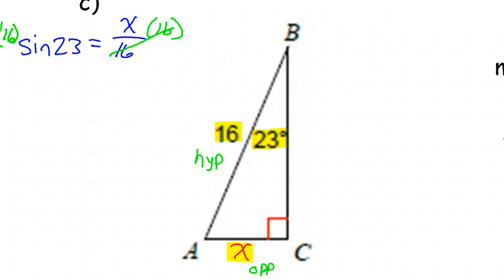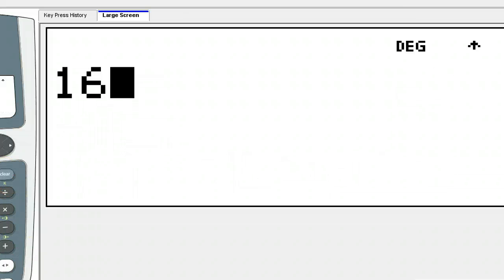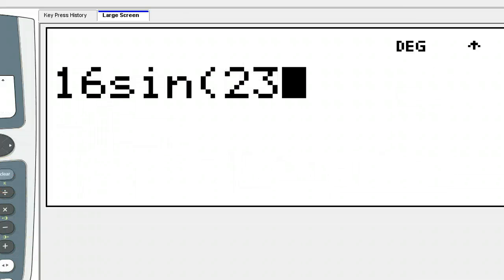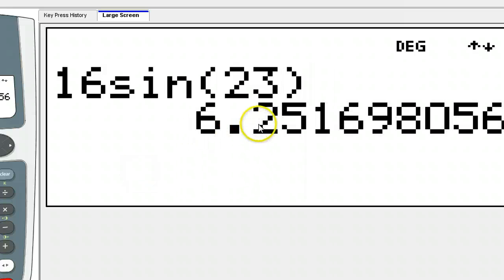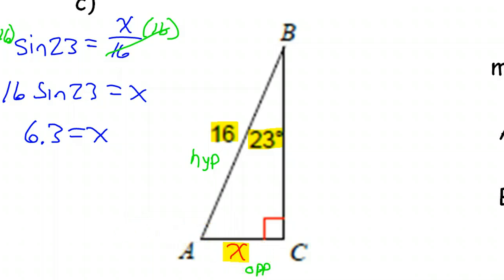So that's going to give me 16 sine 23. Just put that in your calculator. That's 6.3. Got to round up. So we just found AC.